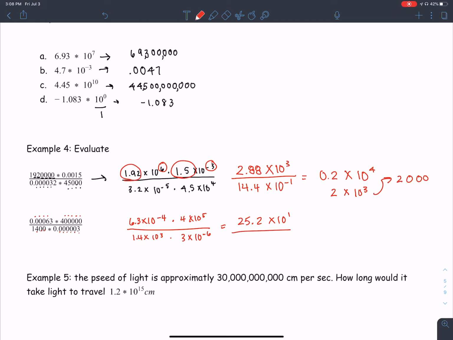Then 1.4 times 3 gives me 4.2 times 10 to the negative 3. Then 25.2 divided by 4.2 gives me 6 times 10 to the negative 2. That's my scientific notation. So move the decimal point, remember, to the left. So 1, 2. So 0.06 is the answer. Okay? Those are the answers.